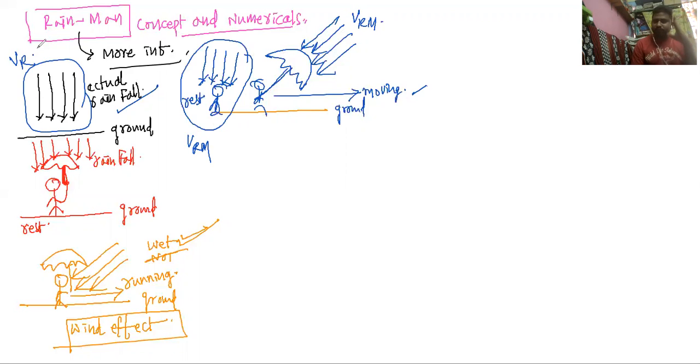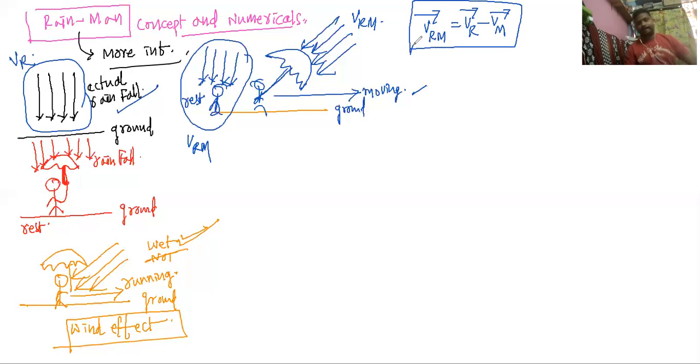It is so simple. The velocity of the rain with respect to the man is equal to the velocity of the rain minus the velocity of the man. This is the one and only formula. In the form of V_AB bar, which is equal to V_A bar minus V_B bar, that's the relative velocity formula.